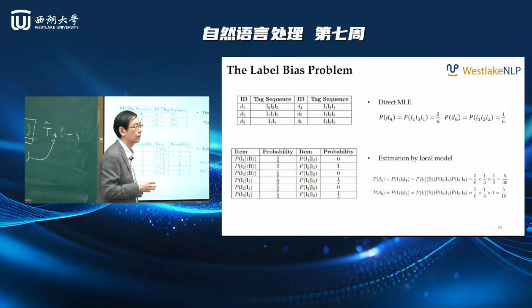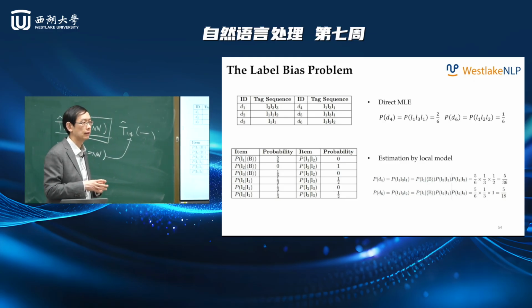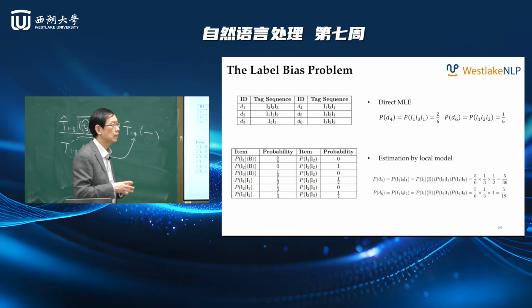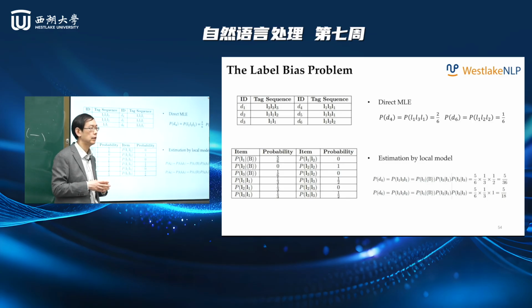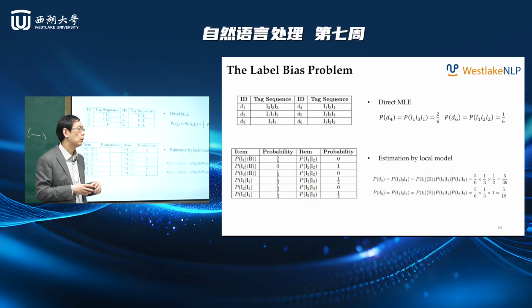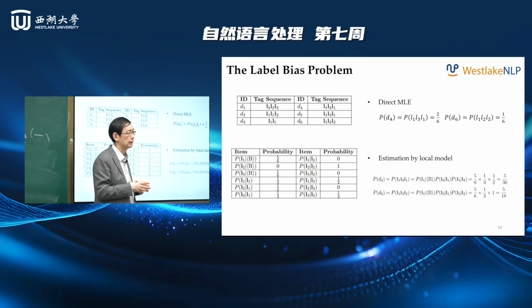Okay. And I can tell you the cause of this thing. It is because the transition from L2 to L2 is unfair. So whenever you predicted an L2, your model will tend to predict L2 to follow it in order to maximize the tag sequence probability.